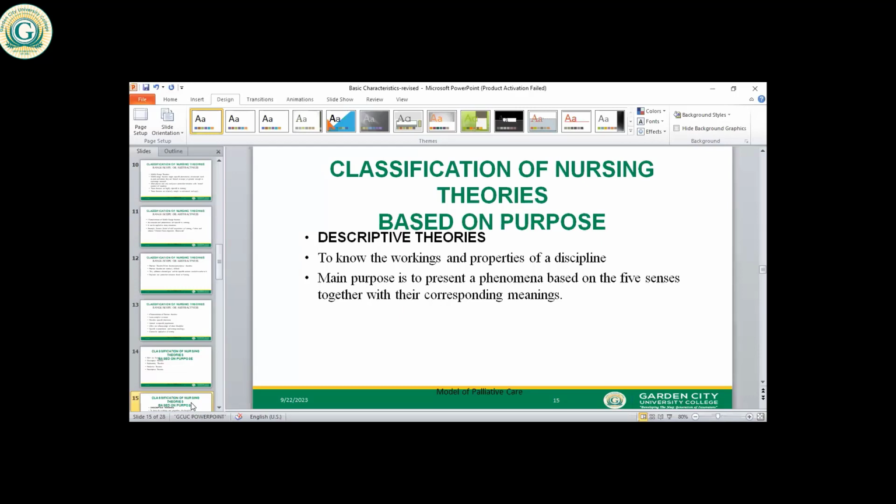So if you have a theory that describes a particular phenomenon, then you should know that you are dealing with a descriptive theory.